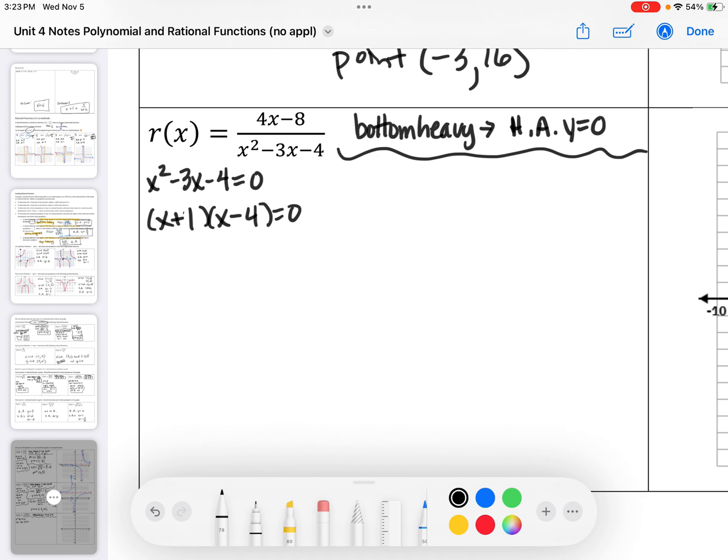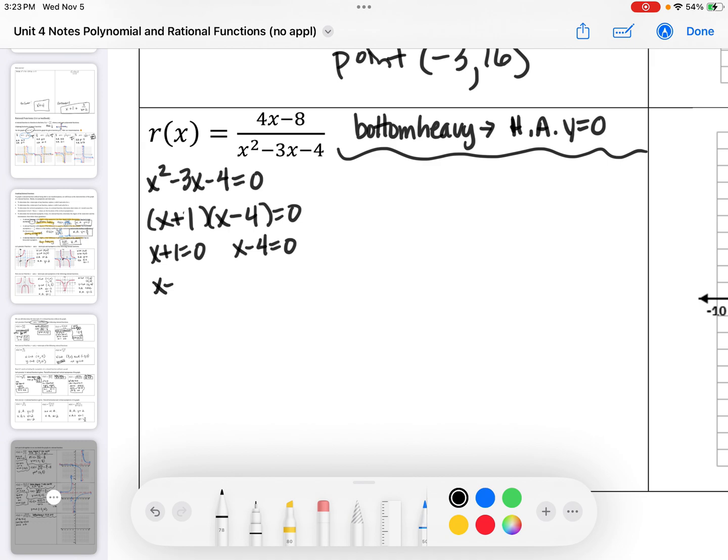Let me check. See, I just in my brain real quick started to FOIL and realized I had written that incorrectly. So I think we're good now. Set each factor equal to 0. Subtract 1 from both sides. Add 4 to both sides. So these are going to be our 2 vertical asymptotes.